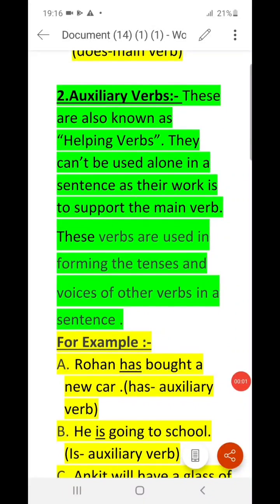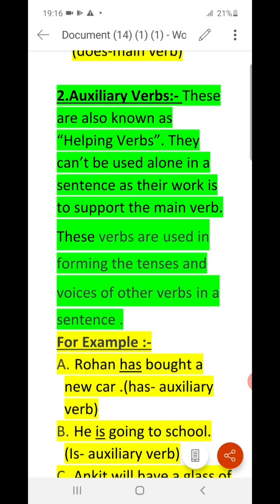Number 2, auxiliary verbs. These are also known as helping verbs. They can't be used alone in a sentence, as their work is to support the main verb. These verbs are used in forming the tenses and voices of other verbs in a sentence.